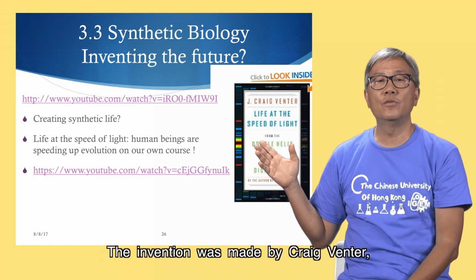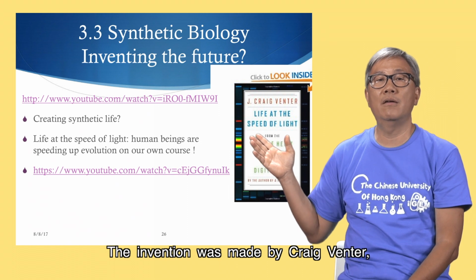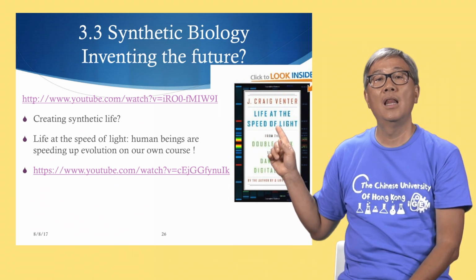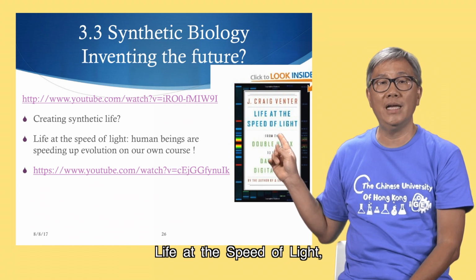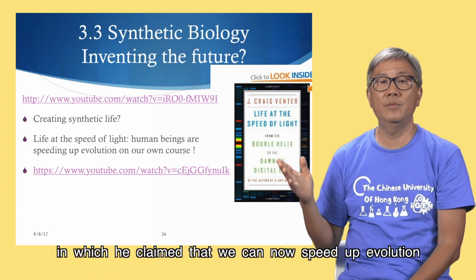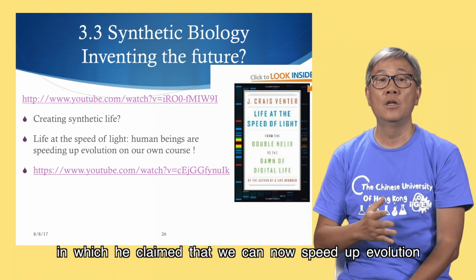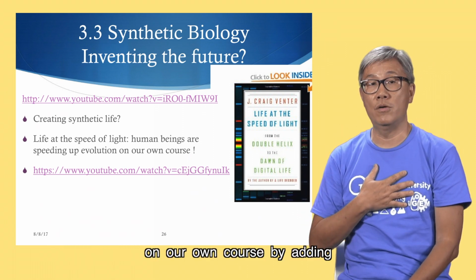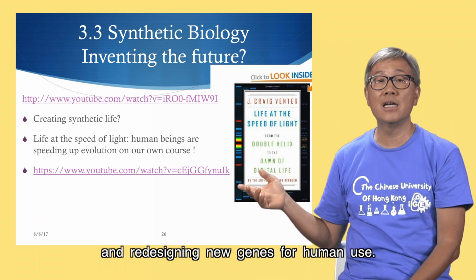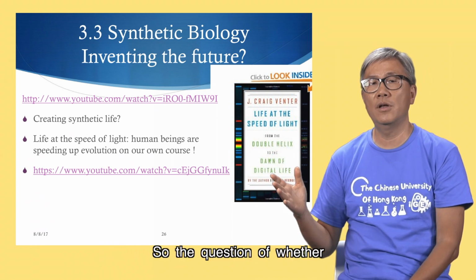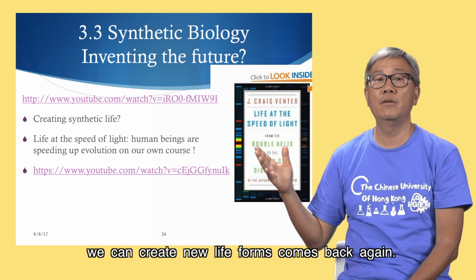The invention was made by Craig Venter, who later wrote a book entitled Life at the Speed of Light, in which he claimed that we can now steer evolution on our own course by adding and redesigning new genes for human use. So the question of whether we can create new life forms comes back again.